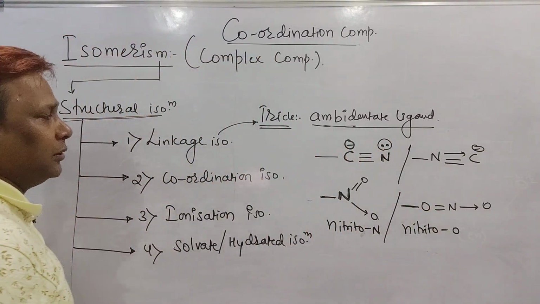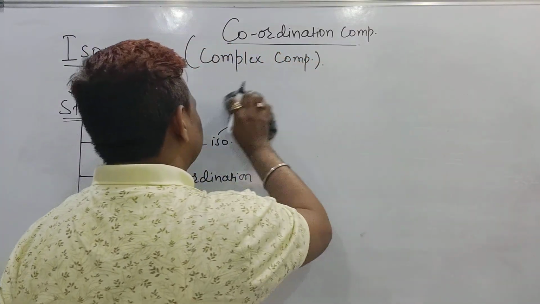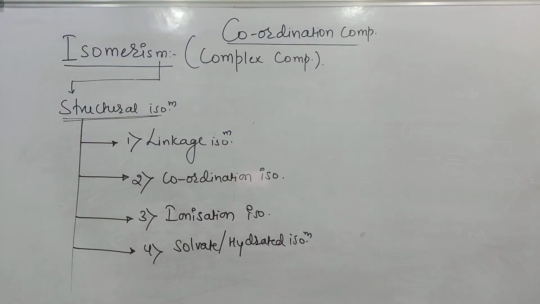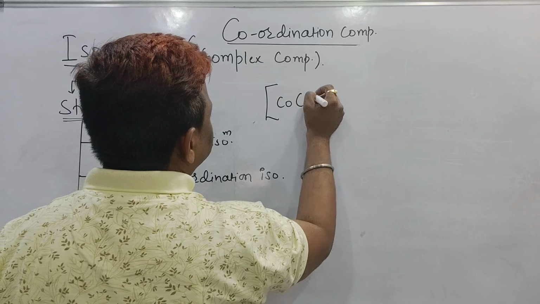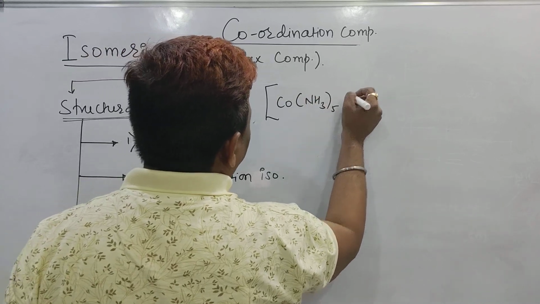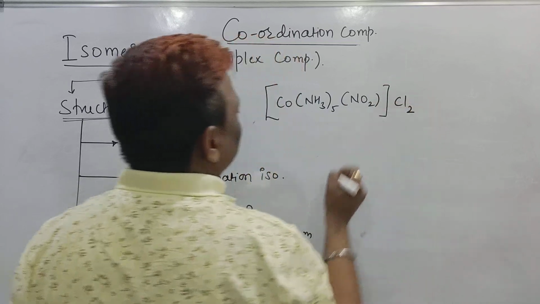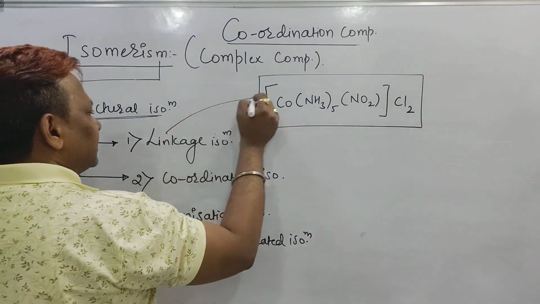I'll show you one example. According to our NCERT, the example they gave for linkage isomerism is Co(NH3)5(NO2)Cl2. Ideally, this complex can show linkage isomerism.